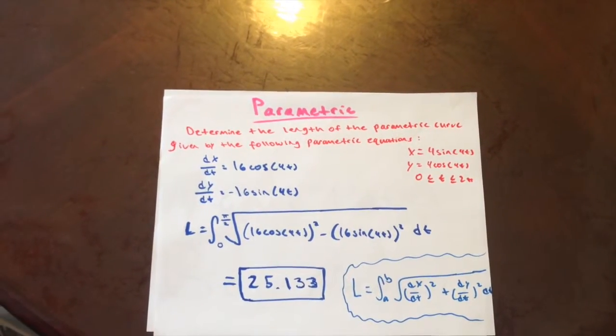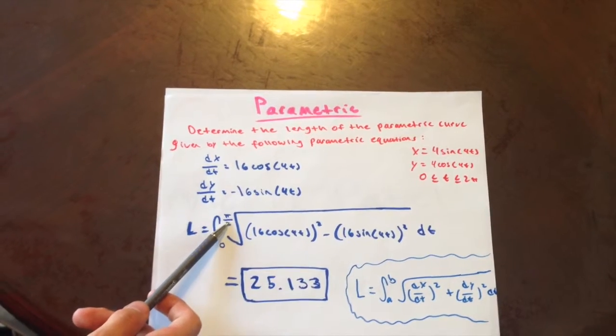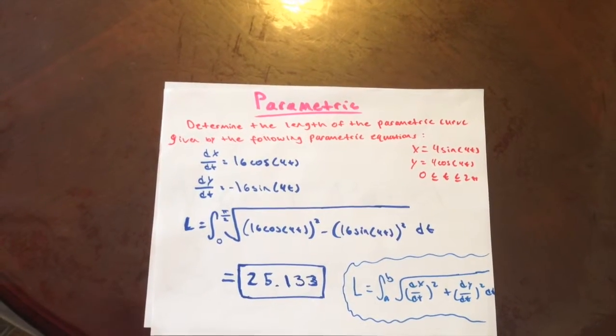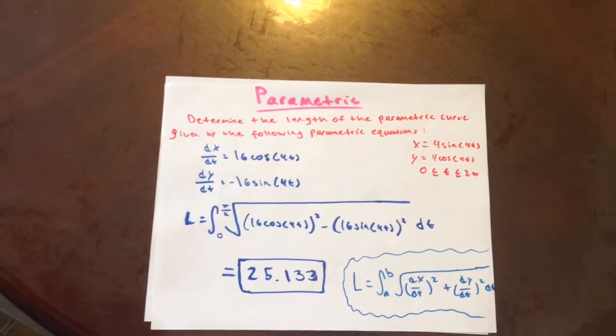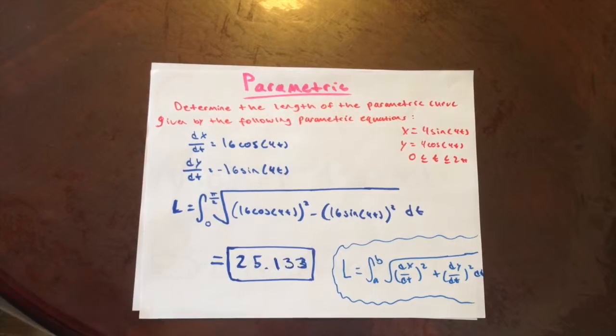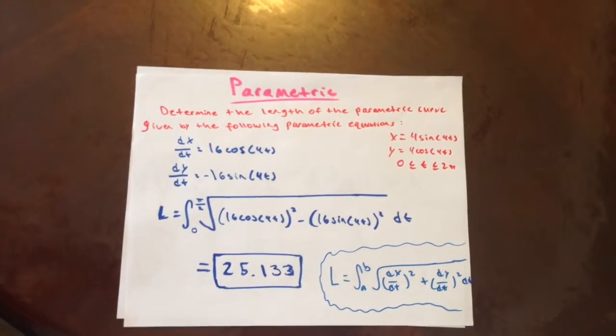The original equation called for 2 pi, but we reduced the bounds to pi over 2 because the period of 4 sine of 4t and 4 cosine of 4t is pi over 2, and 2 pi traces over it, and so we would get 4 times the length.